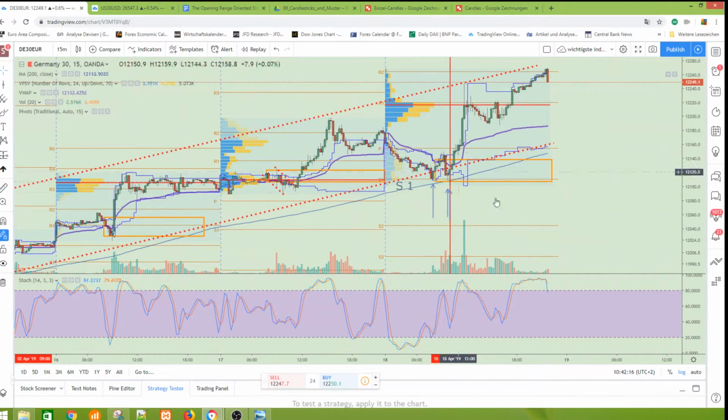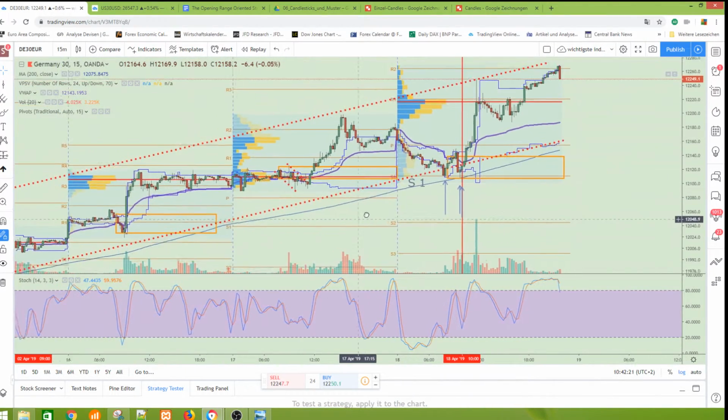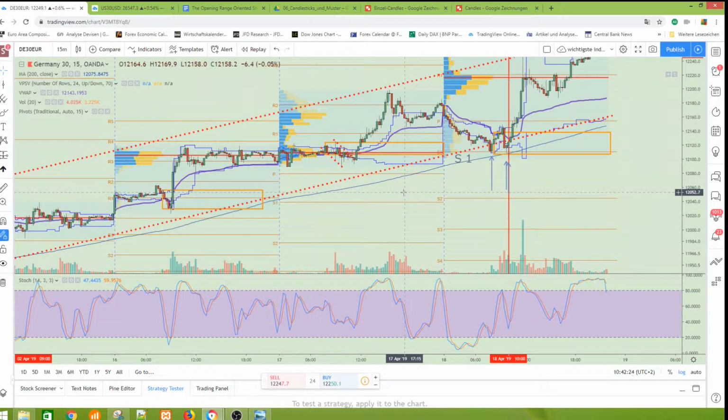Here we have the picture I already showed to you, and now we go to the day before, and we see the pivot point is much lower. That means that this day is much higher than the last day, and there it is difficult to find the ideal entry. Here we have this hammer.